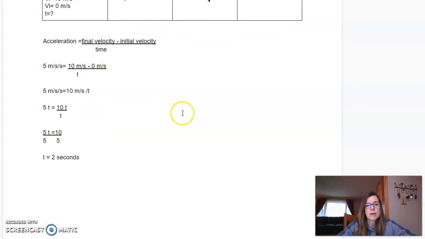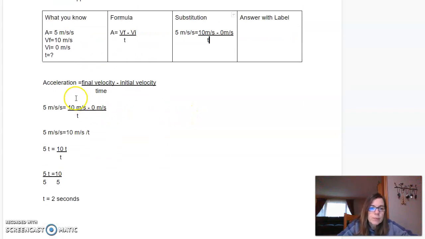Okay, now down here, I did work out a little bit of the problem. I put the formula here. I took the same information that we put up in our substitution box and wrote it out. We have to use rules like what we have done in math classes to get our time by itself so we can solve for T, or time.